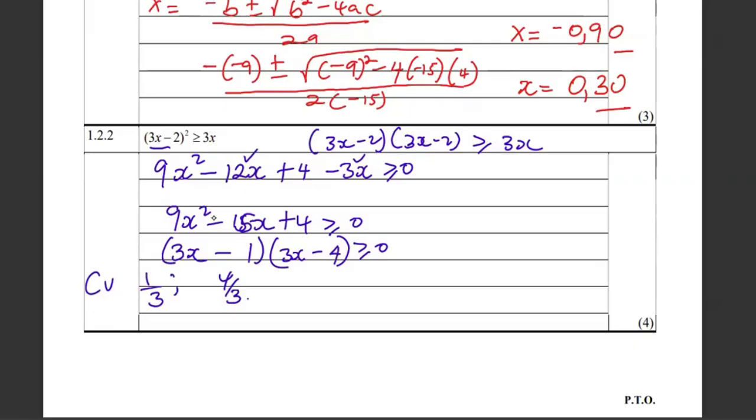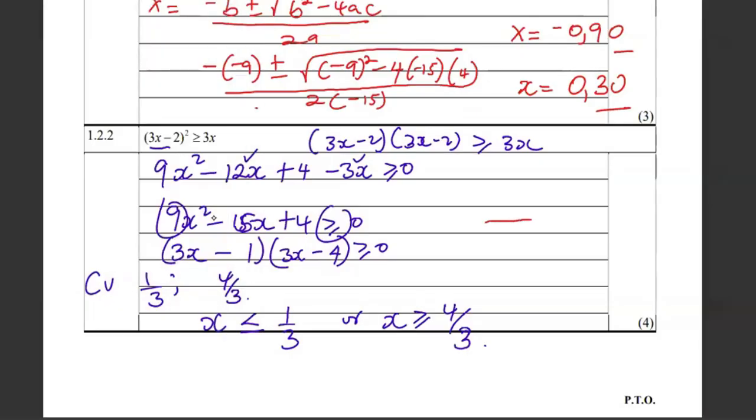If these are the critical values, I need to represent my solutions. Our a is positive and the sign is greater, meaning that x must be less or equal to the lower value, or x needs to be greater or equal to the bigger value. That's how I would have represented the solutions.